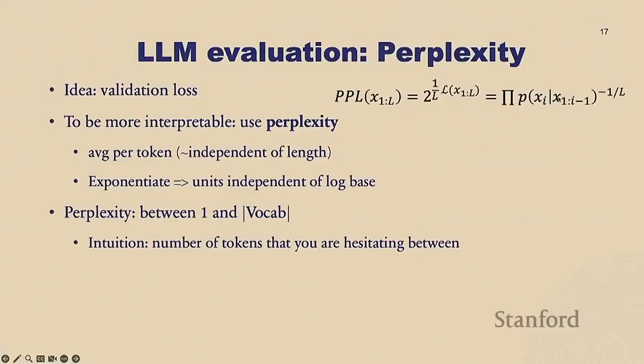If you really have no idea, you predict with 1 divided by the vocabulary size, and with simple math you get a perplexity equal to the vocabulary size. So the intuition is that perplexity is the number of tokens your model is hesitating between. If your model is perfect, it doesn't hesitate and knows exactly the word. If it has no idea, it hesitates between all of the vocabulary.